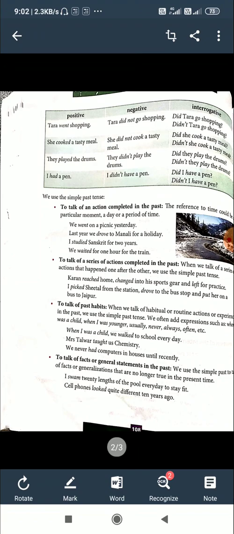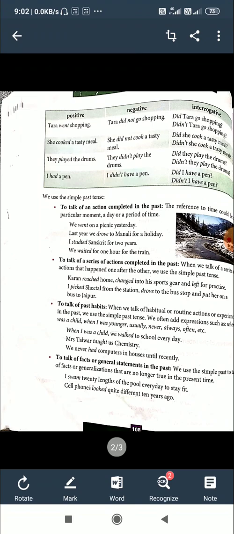Second, I picked Seethal from the station, drove to the bus stop and put her on a bus to Jaipur. Here, picked, drove and put: three action verbs happened in the past, one after another. So we can use simple past tense.